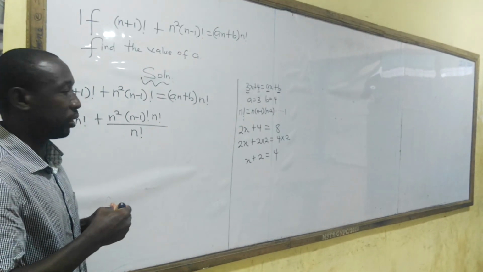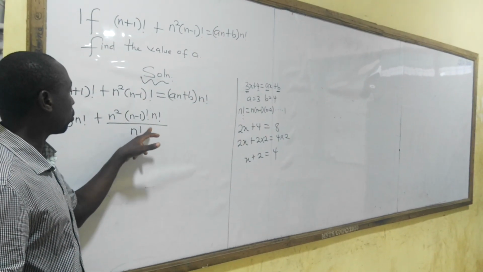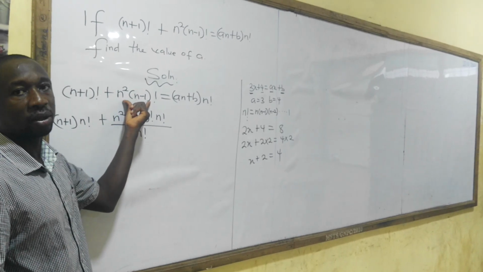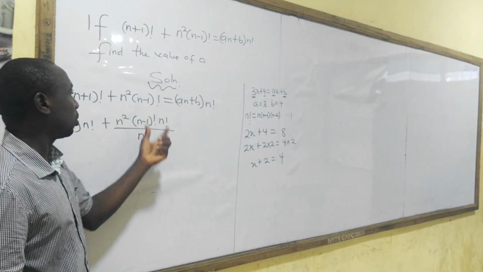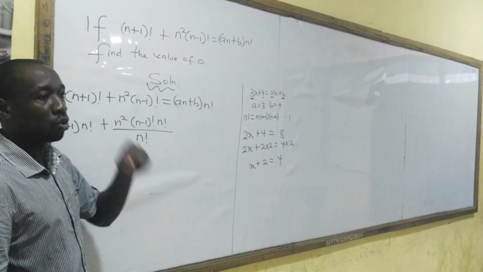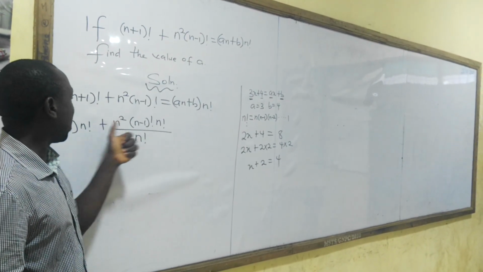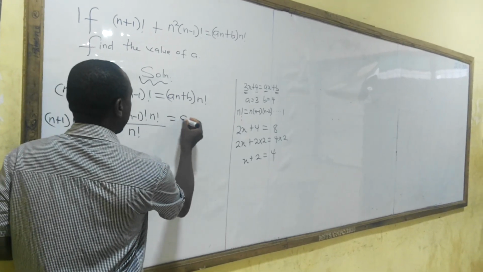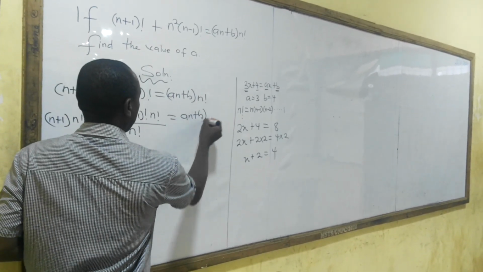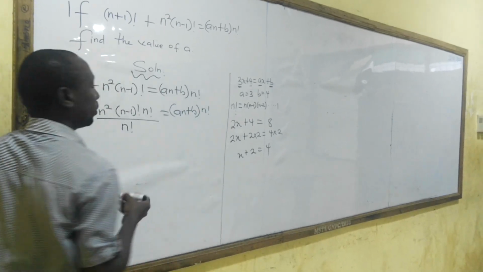I have not changed anything. If I cancel n factorial by n factorial, I will still go back to my original expression here. So I've actually not caused any change. But because I want to get n factorial, I introduce it here. And then I will get (an + b) n factorial.